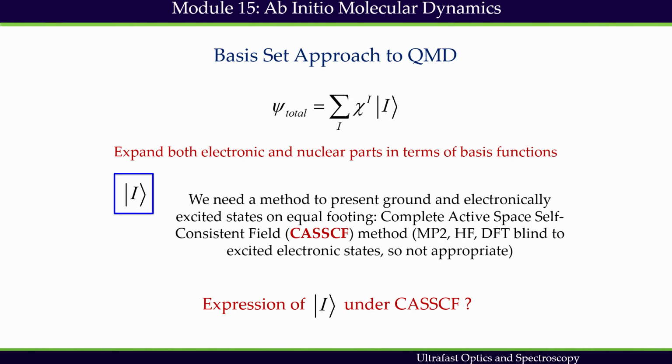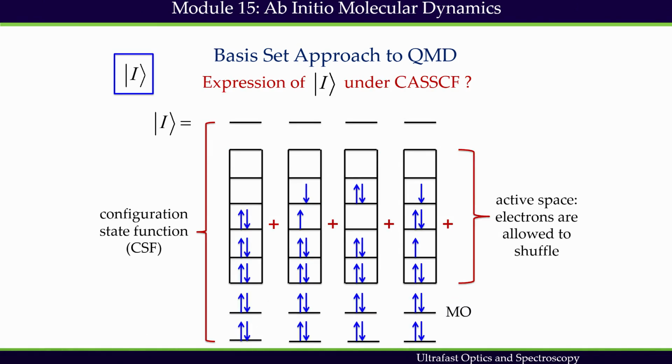This method is not like the single Slater determinant approach like MP2 or Hartree-Fock. In the CAS-SCF method, one can access electronically excited states because we include different configurations in the total electronic wave function. So we'll try to understand what this CAS-SCF approach means.